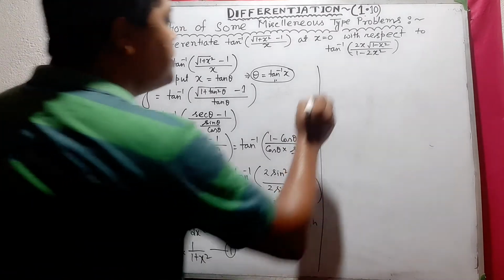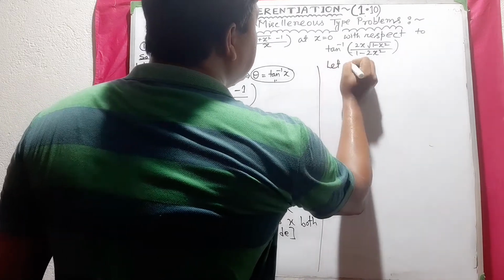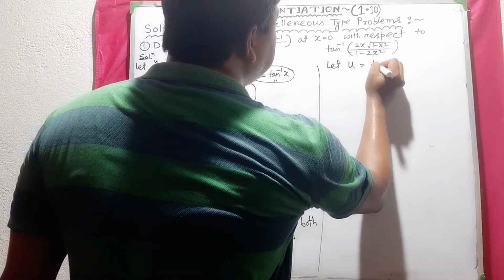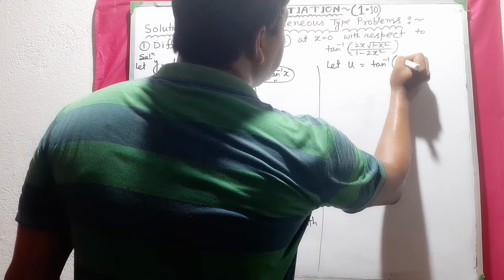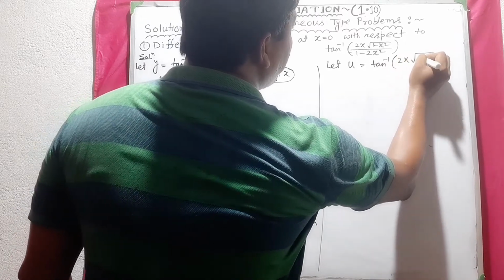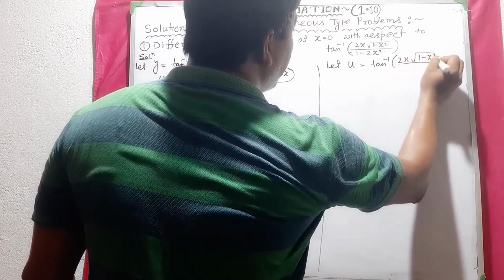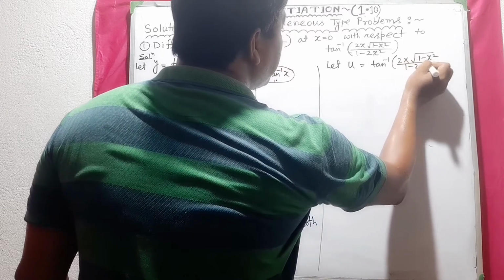And let u equals to, another part, tan inverse of 2x square root of 1 minus x square by 1 minus 2x square, right?